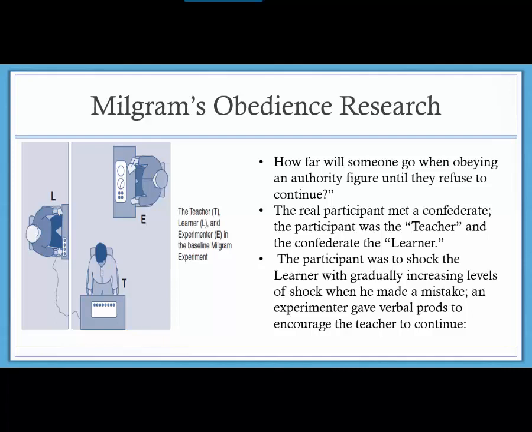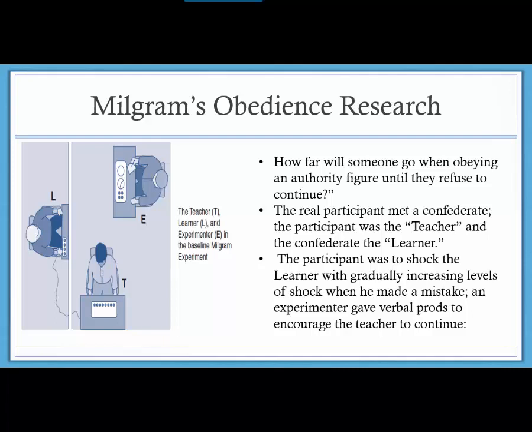And so the whole point of the study was to see how far along people would go in terms of administering the shock, and whether or not they would administer all the way up to the full maximum, even though at that point the learner would have started crying out and asking to stop.